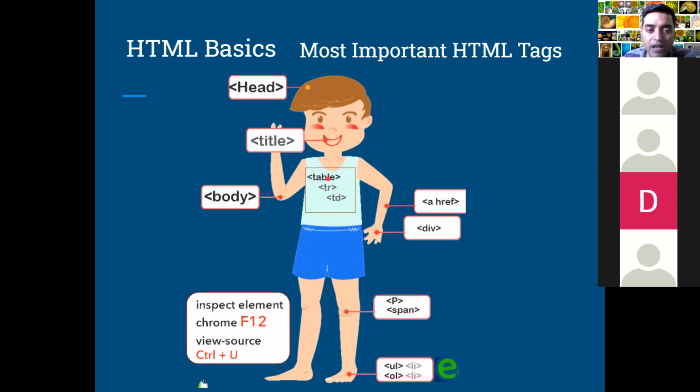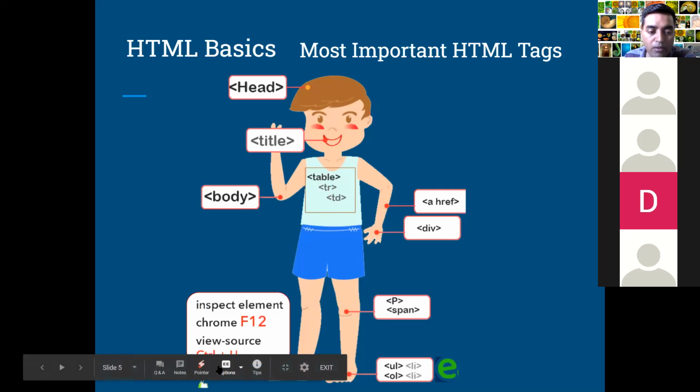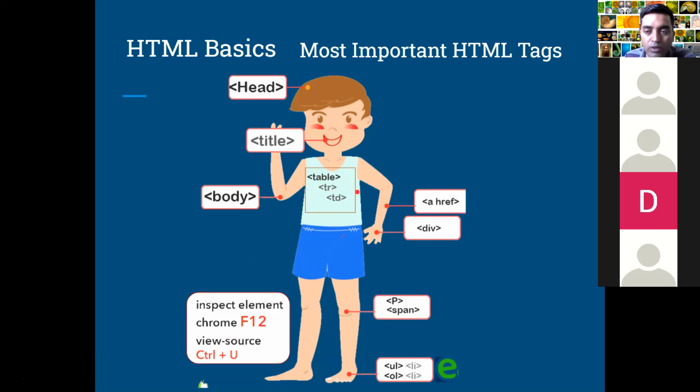Now, can anyone tell me, if I want to add one more row inside this, from here to here, what will be the code? I want to add one more row here.